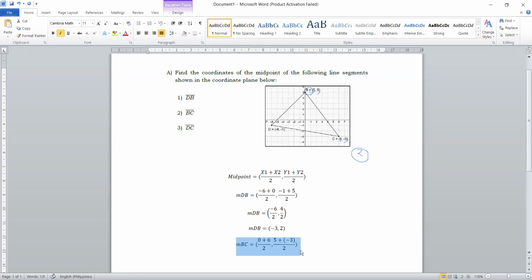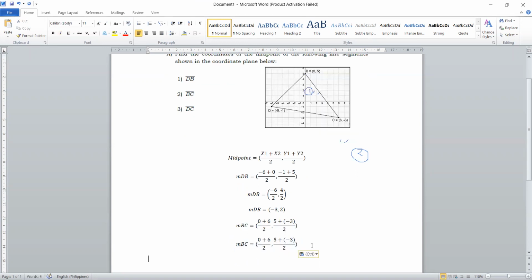Next, you have to simplify this. 0 plus 6 is, of course, 6. 5 plus negative 3 is like 5 minus 3. So 5 minus 3 is 2.